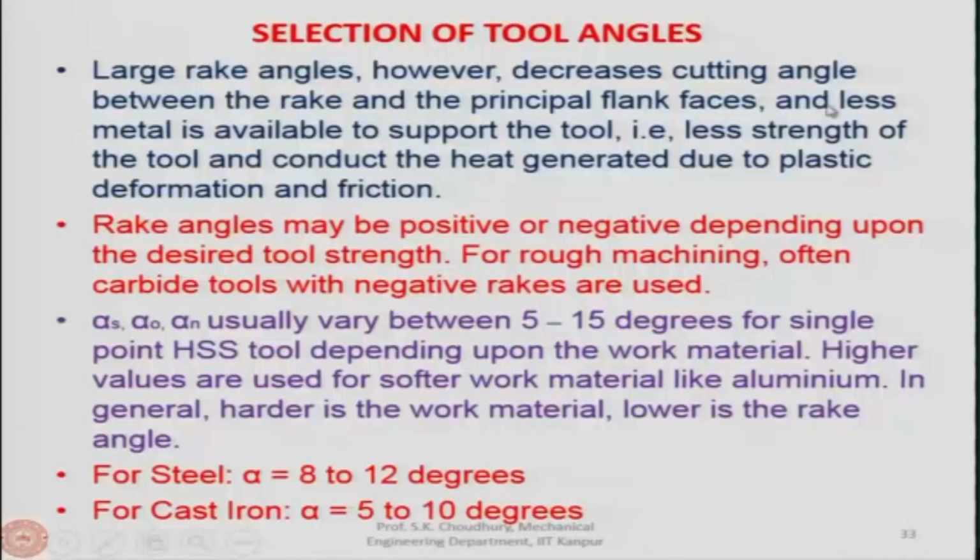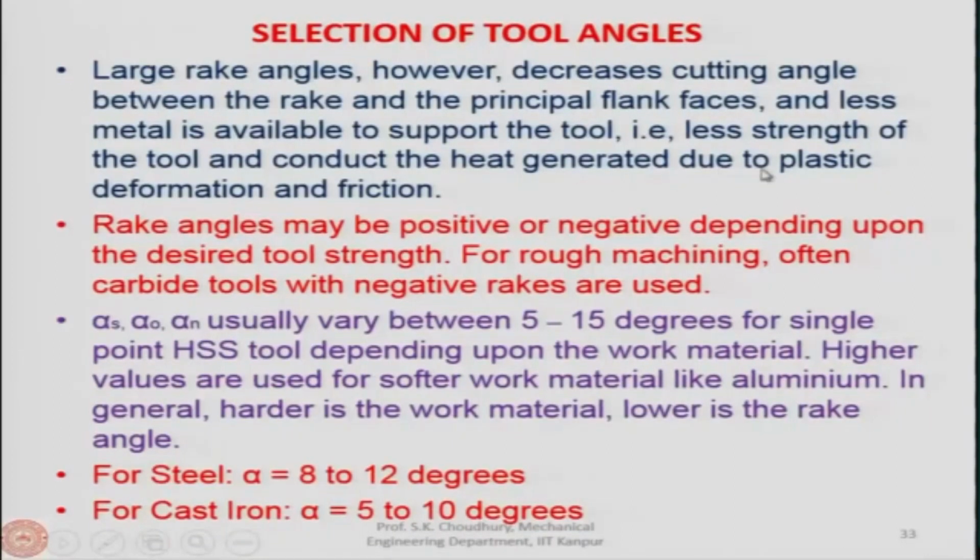That is why it is written here that large rake angles decrease the cutting angle between the rake and the principal flank faces, and less metal is available to support the tool. The tool may not be able to withstand as much force as the earlier tool when the rake angle was less, and it has less strength to conduct the heat generated due to plastic deformation and friction.